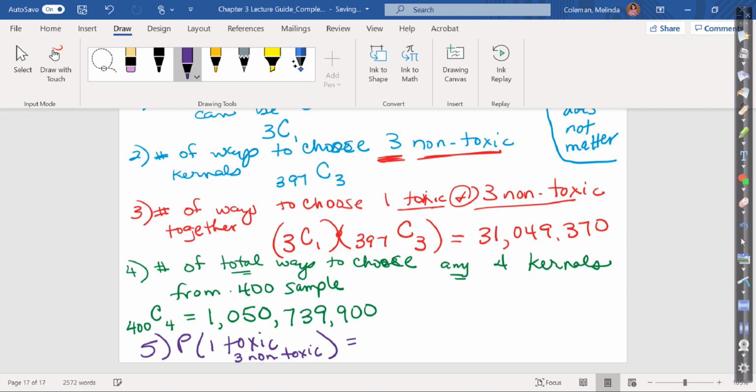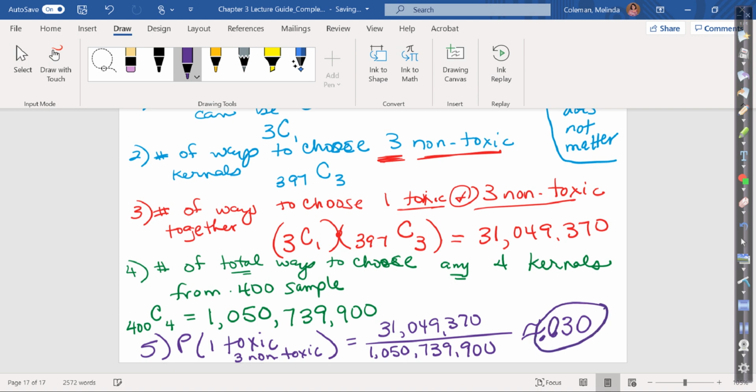And so we would have 31,049,370 divided by 1,050,739,900. That's going to be approximately 0.030. So that's about 3% of the time.